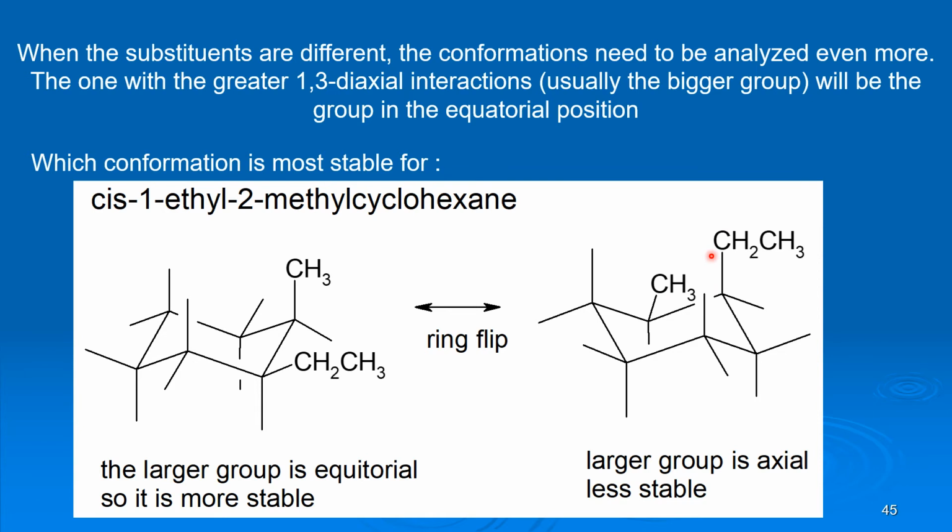Well, when they're two methyls, then they're equal because it doesn't matter which one's axial. But if they're two different groups, what you'll have to take care is that the one with the less energy should be axial. So in fact, this one's a little more unstable because the big group is axial, where here the smaller group is axial.